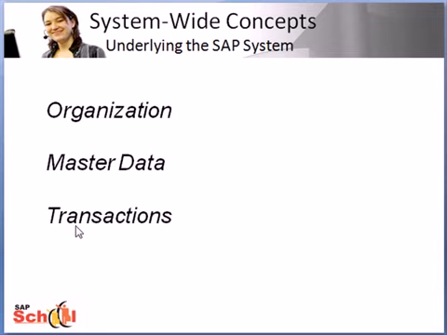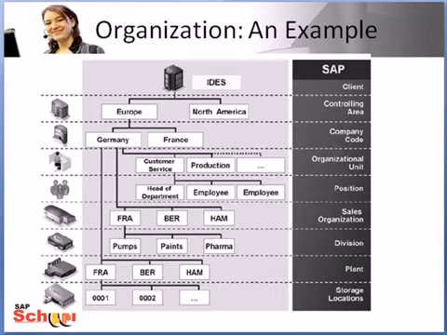Transactions are application programs that execute business processes in the SAP system. Examples include creating a sales order that we saw previously, changing a customer master, or displaying a sales order list report, for example.